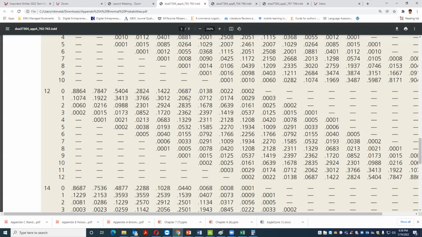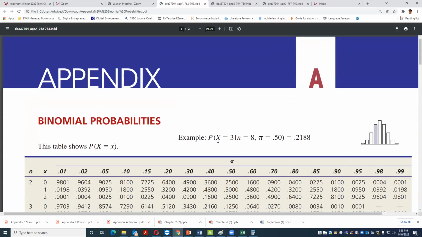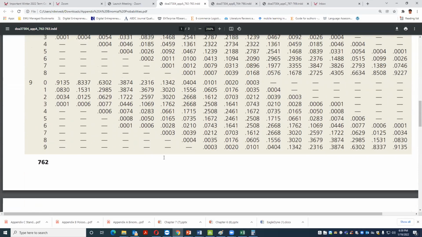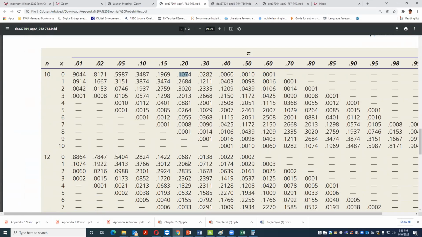Now look into that, up to 4. This is 20. Here it is changing the column.